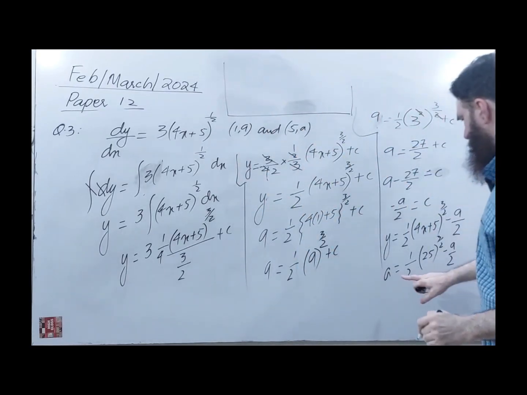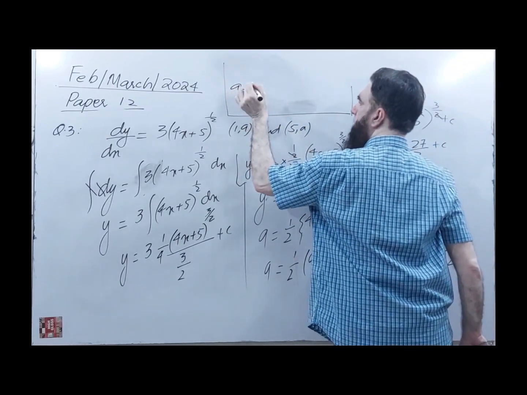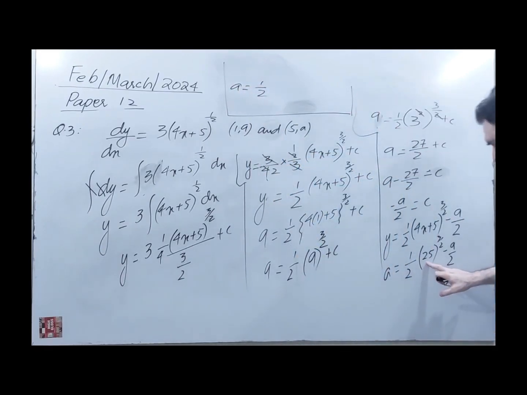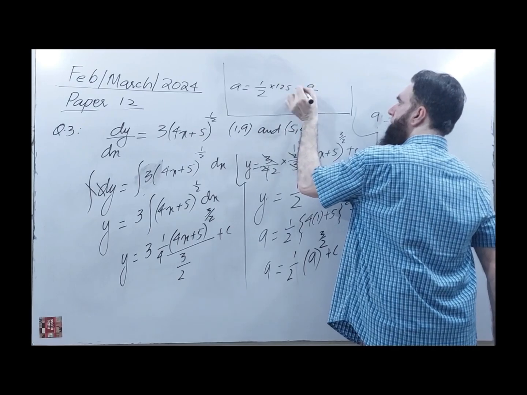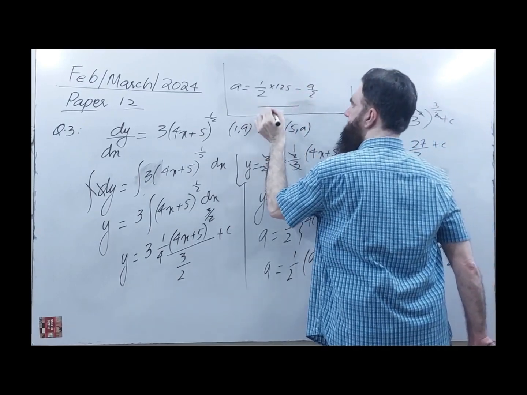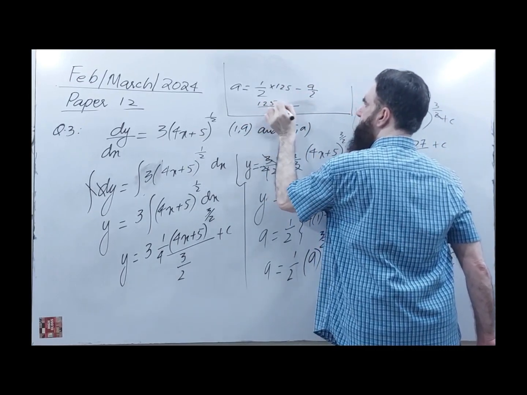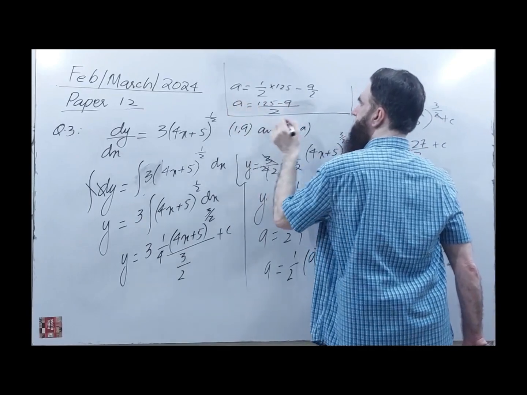See, now a equals half. This is 5 square. So 5 square, 2 cancels out. We are left with 5 cube. 5 cube is 125. So it's 125 minus 9 by 2. You take the LCM. So 125 minus 9 is equal to a.